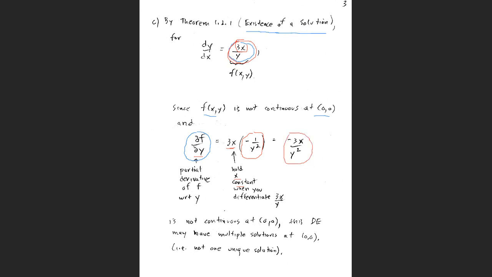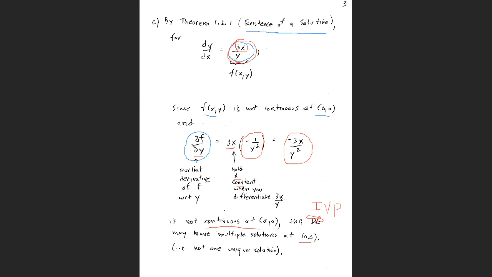And that partial derivative is not continuous at the origin. This means that I should really not call it a DE, it's an IVP, an initial value problem. This initial value problem may have multiple solutions at the origin. In other words, things kind of go crazy.